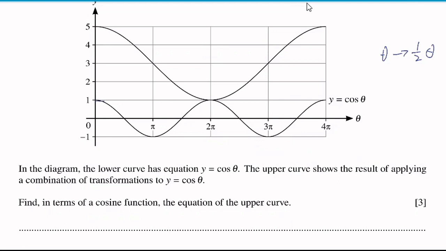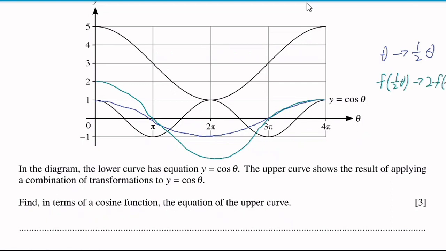I didn't draw it very nicely just now. So the second step is we stretch it, but the stretch here is in the y direction. So when we have got f of half theta already, it becomes 2f of half theta.